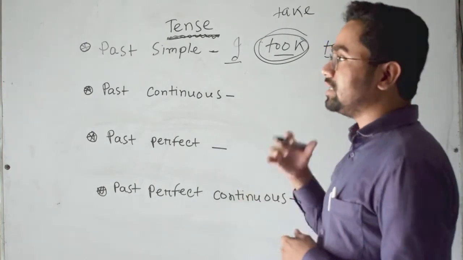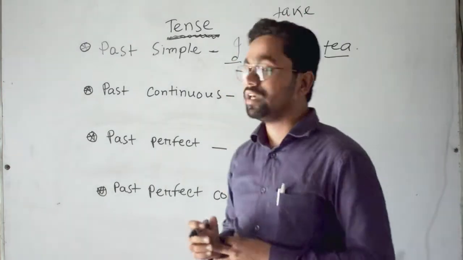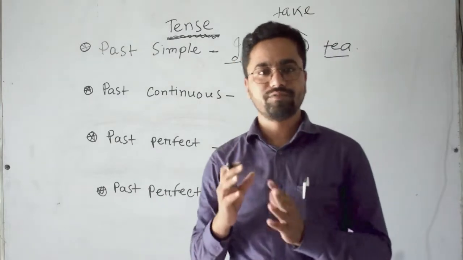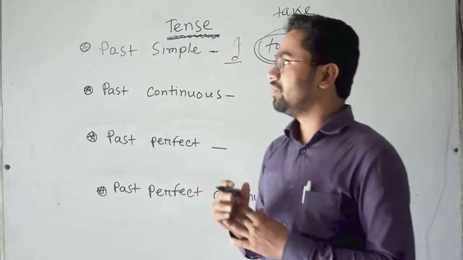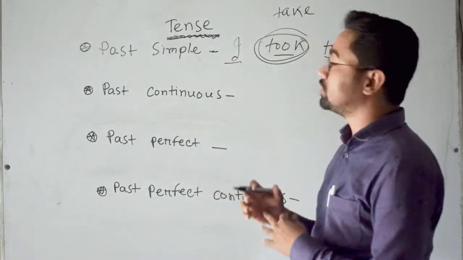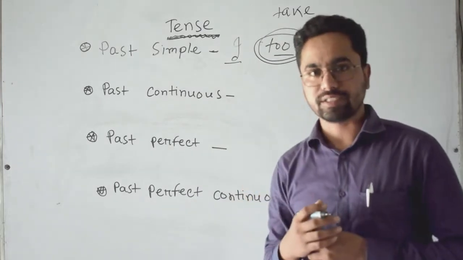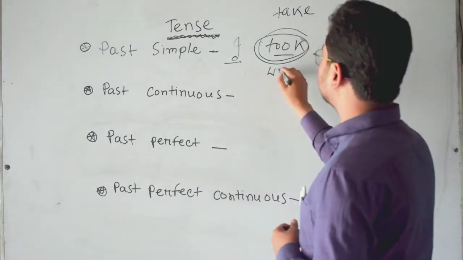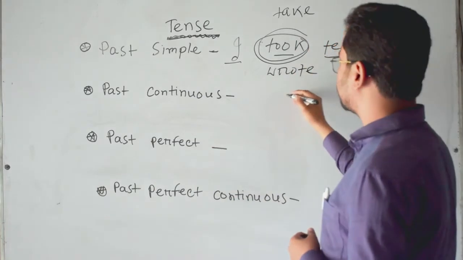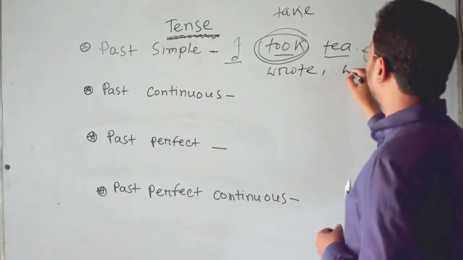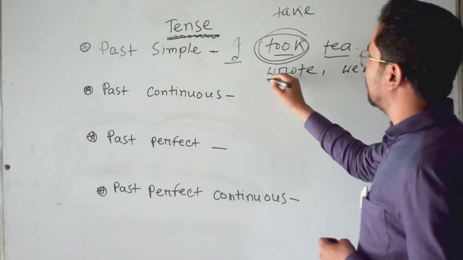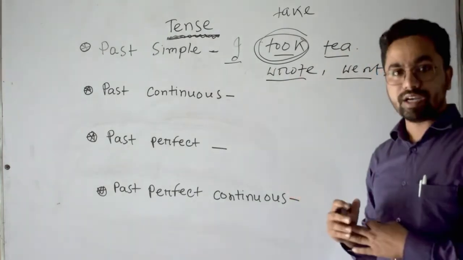If you want to make another sentence in this tense, you will use only the past form of the verb. Then you will be able to write and think in the past simple tense. Wrote and also went. These are verbs of past form.